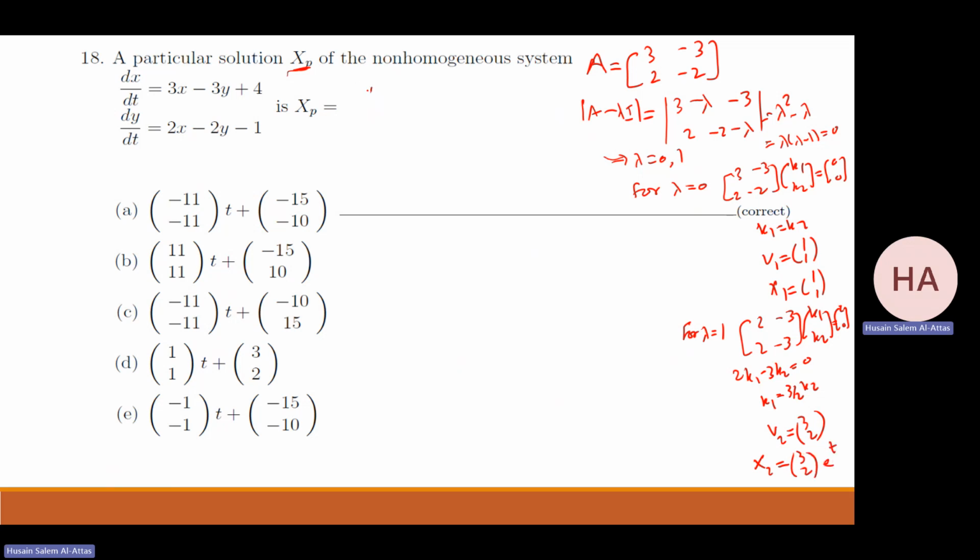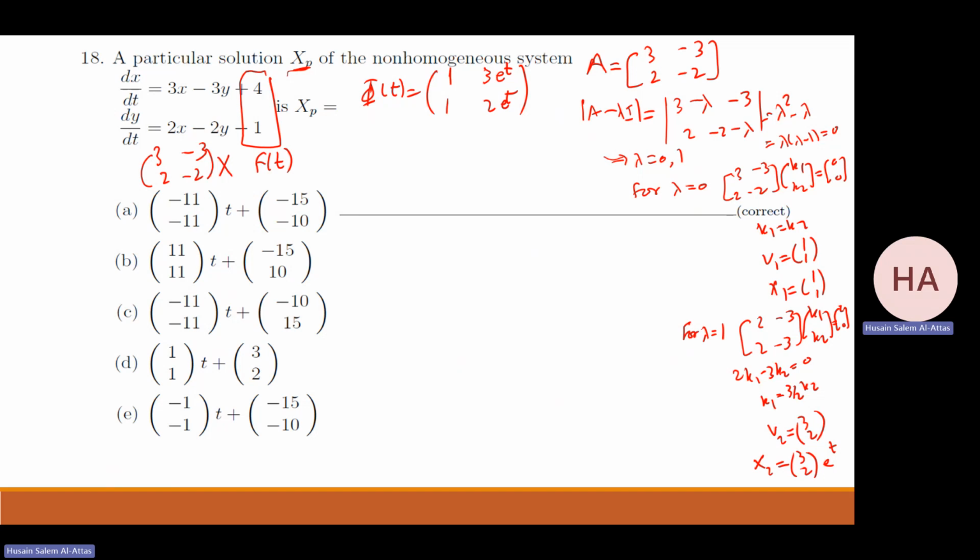Okay, so my phi of t will be what? 1, 1, and that will be 3e^t, 2e^t. Yeah, the question should be like this. By the way, this is my f of t. And this is A, which is 3 minus 3, 2 minus 2, x.